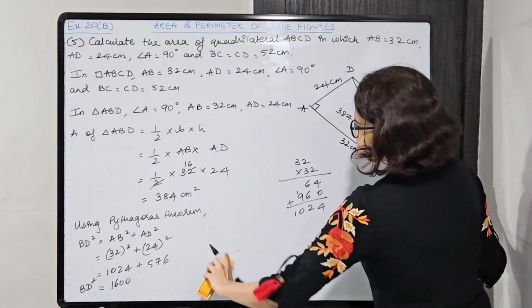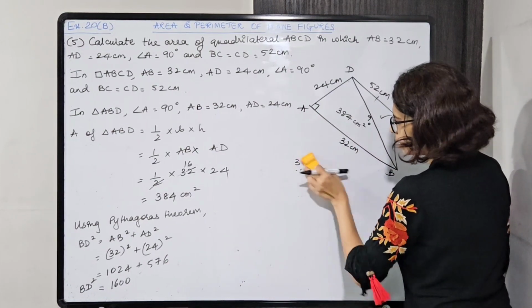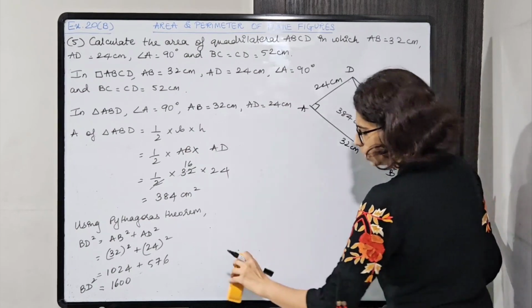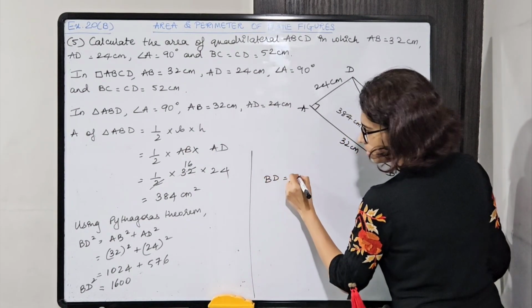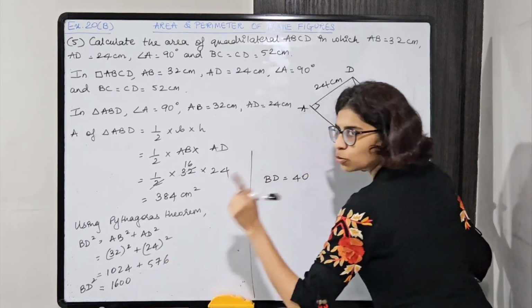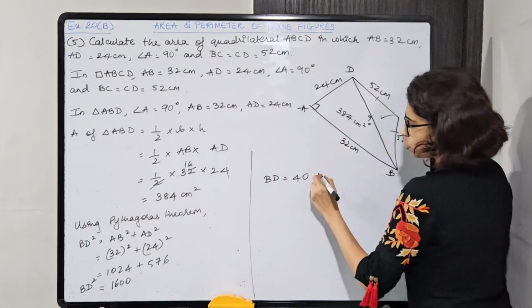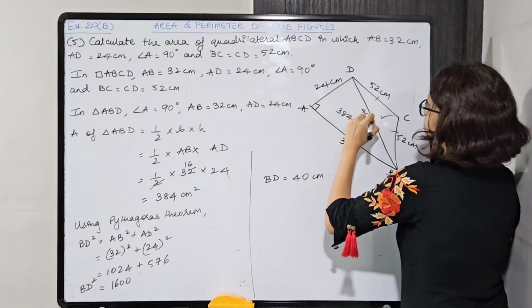So square root करके 40 हो जाएगा, correct? So BD is 40. BD is equal to 40. 16 का स्क्वायर रूट 4 एंड 2 जीरोज है तो एक जीरो मिलेगा, ठीक है? सो 40 सेंटीमीटर. BD भी मिल गया, 40 सेंटीमीटर है.